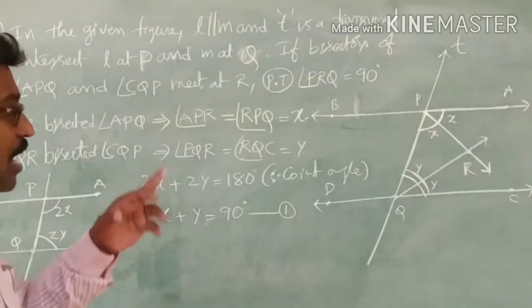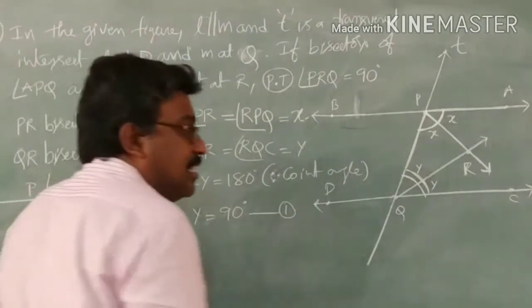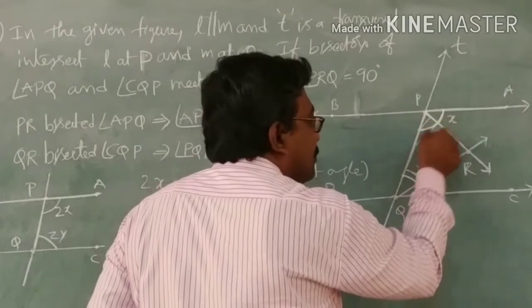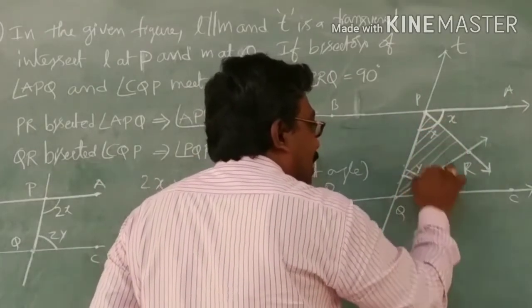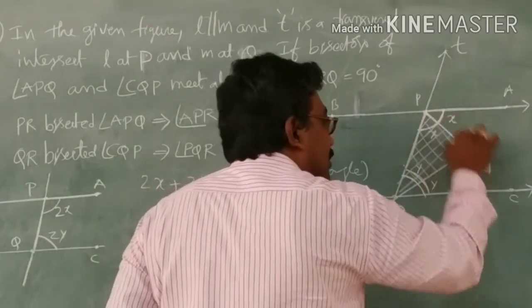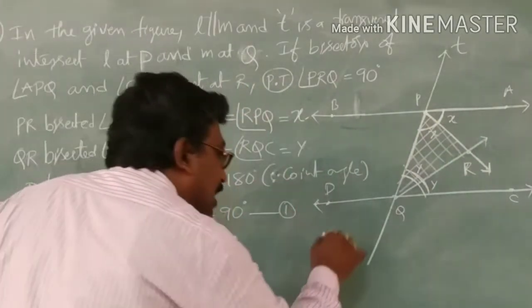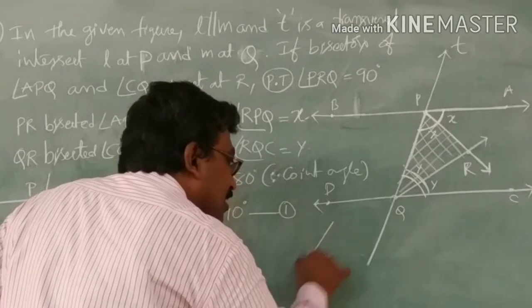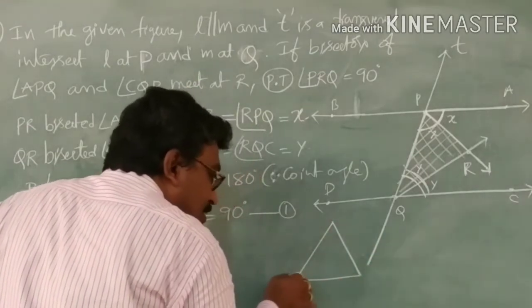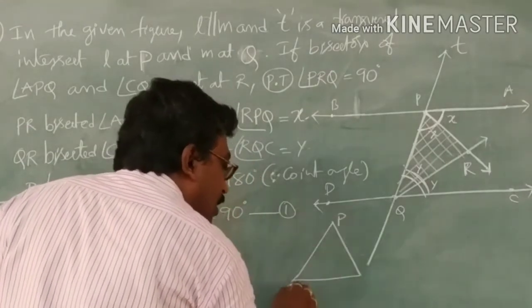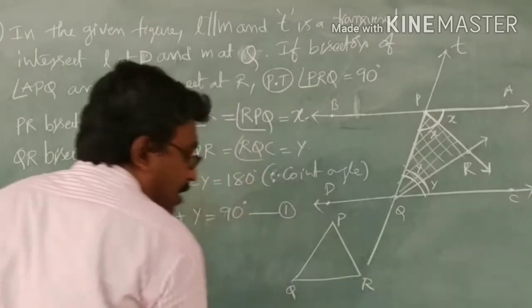Now, here one triangle I can see. Can you? Okay, good. I can see one triangle. What is the name of the triangle? Very good. PQR.